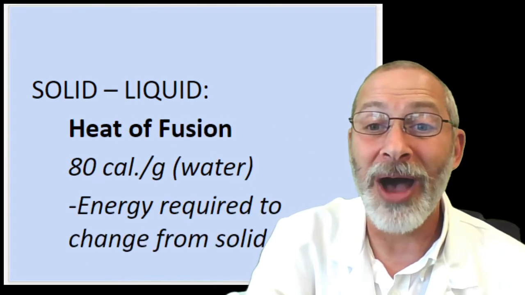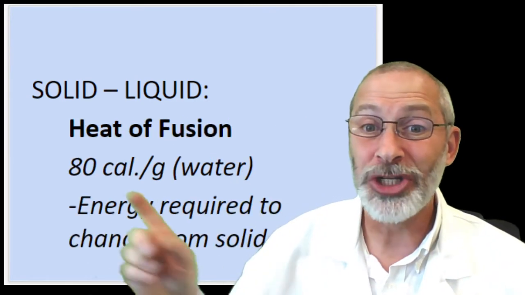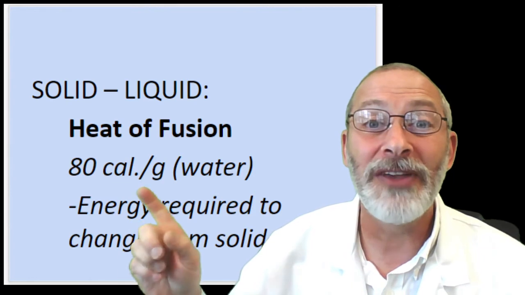And when we're talking about water, that heat energy is 80 calories of heat energy per gram. So if you're an orange farmer and you spray your crop with water, and that water freezes, it actually creates an insulated thermal energy cocoon around the oranges and makes the oranges warmer and prevents them from freezing.